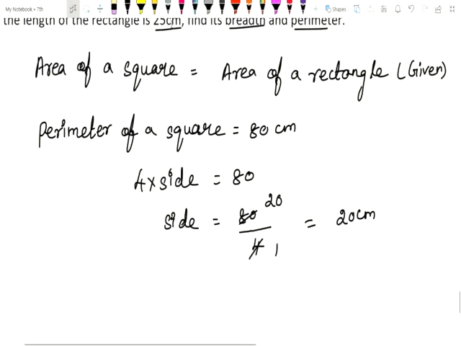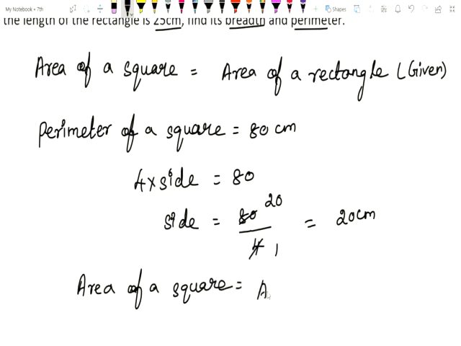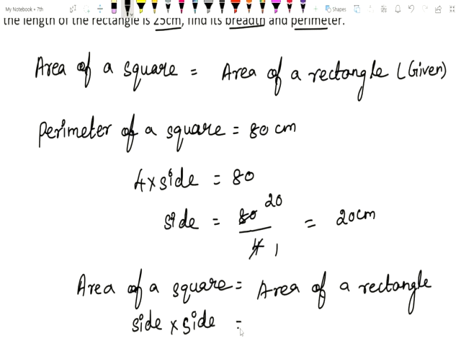Okay. And what they said, both the areas are same. Okay. So area of a square equal to area of a rectangle. Let's write the formula here. Area of a square, side into side equal to length into breadth.